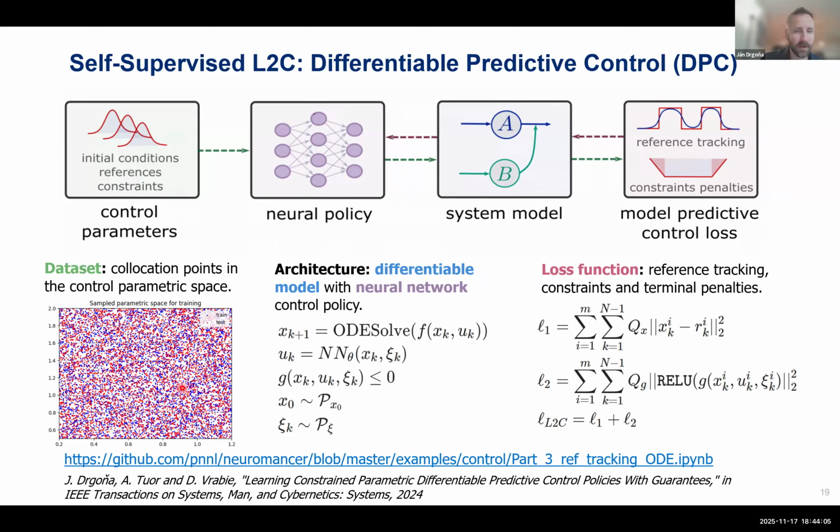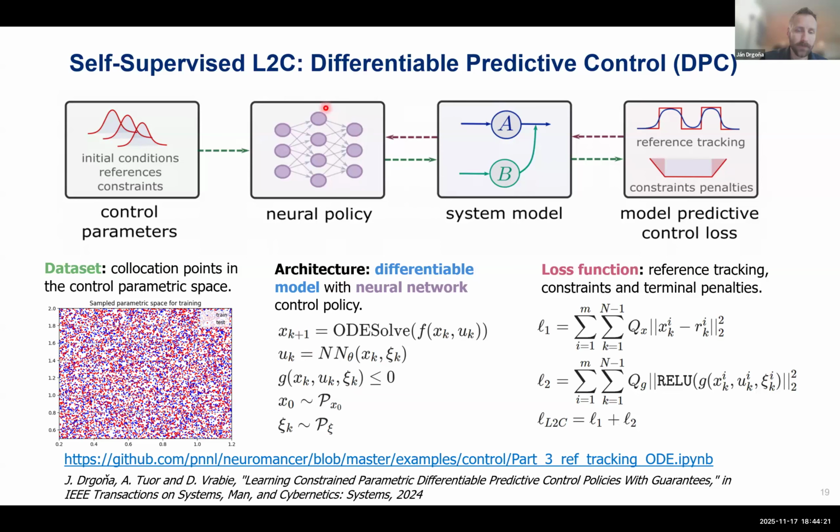These can represent my collocation points in the control parametric space, like initial conditions, or additional problem parameterizations that can represent different constraints or even different system dynamics models.